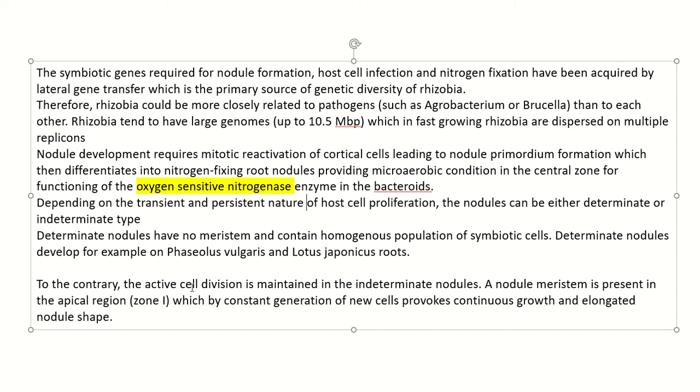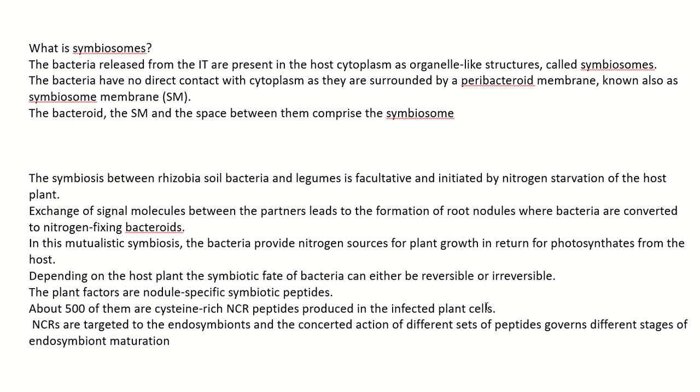So I will not go in depth into cell division, how it operates in the intermediate nodules, and certain apical nodule meristem is present in the apical region zones that constantly generates new cells, provoking continuous growth and elongated nodule shapes.